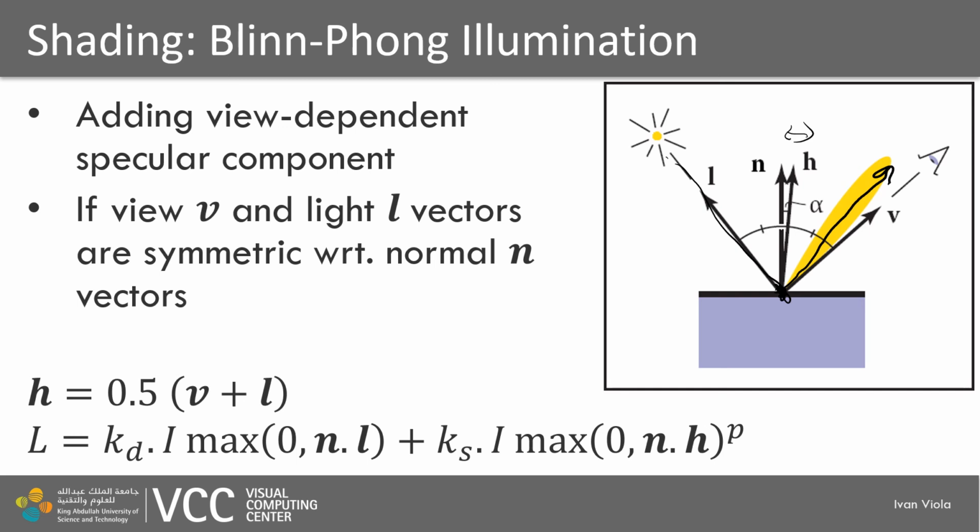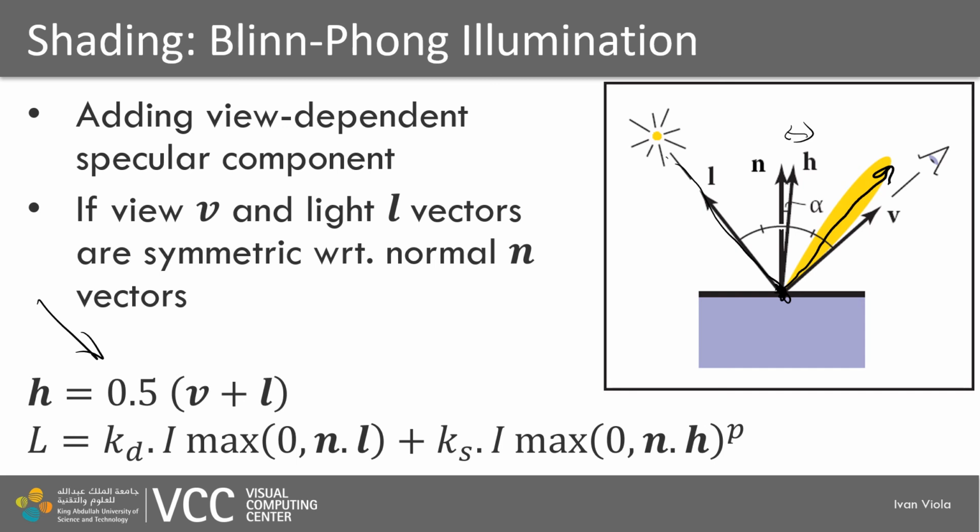You can see the calculation of the halfway vector here, where we simply add the two vectors and then we normalize it. That's how we can get the normalized halfway vector.